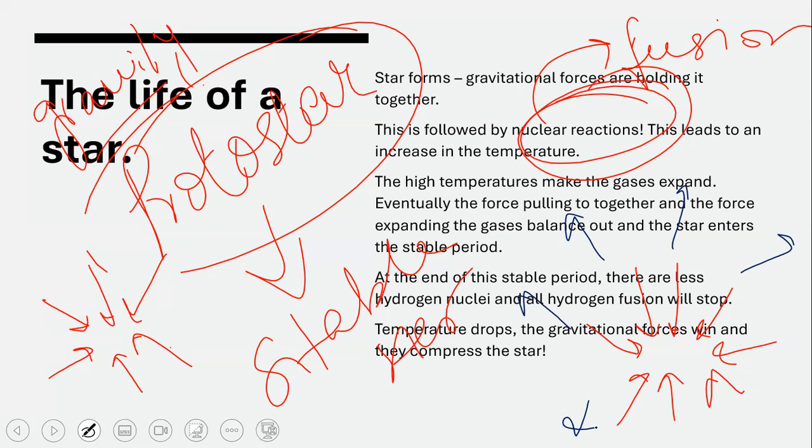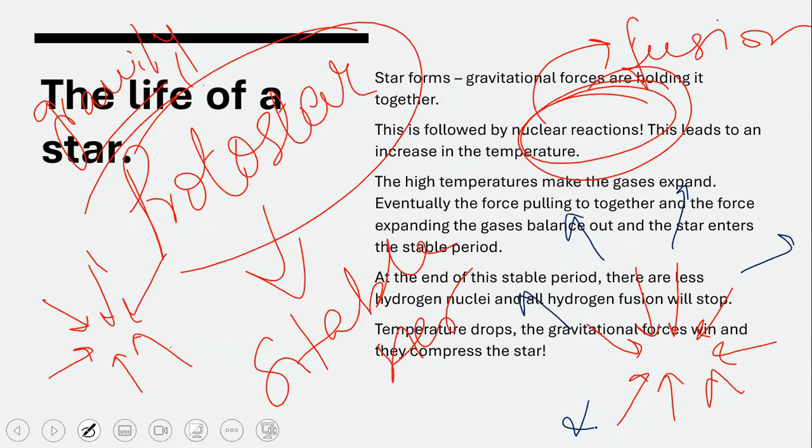Eventually, the expansion is going to become equal to the gravitational forces, and the star is going to reach a stable stage where the two are equal to each other. So your star is now stable.